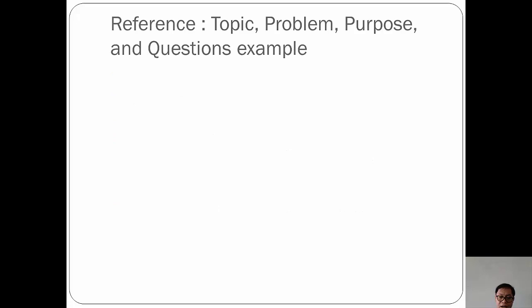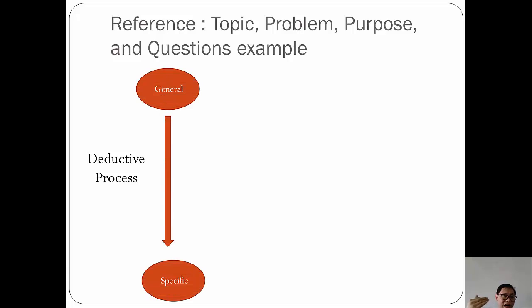So, I have here a reference topic. I have problems, purpose, and question examples. So let's go to the deductive process, from general to specific topic. This is based on an example. We are going to have this as a reference. What's my topic in general? Distance learning.